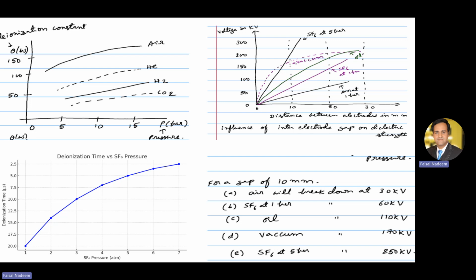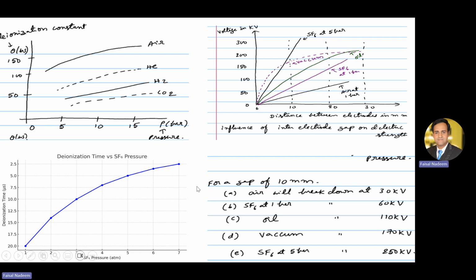Here we can see that with the increase in pressure, for air, helium, hydrogen, CO2, the deionization constant increases, which is good for circuit breakers. Keeping this graph as a base, if we apply this to the SF6 circuit breaker, this graph is also indicating the same thing, that with the increase in pressure, the deionization time also increases.